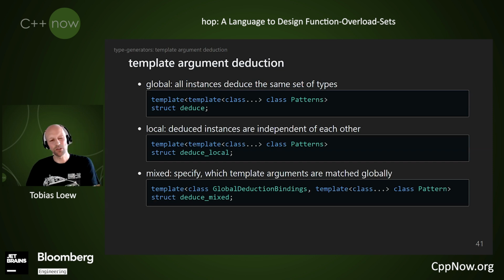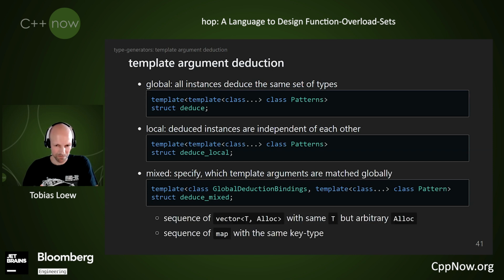And of course, we could also mix both, which would mean we have some matching, where an example would be a map, where you say, I want to match a pack of maps where all maps have the same key type, but they may have arbitrary mapped types. Okay, the other example was vector with arbitrary allocators.